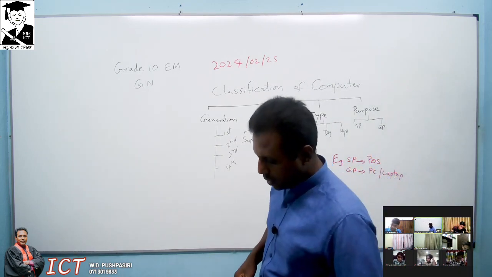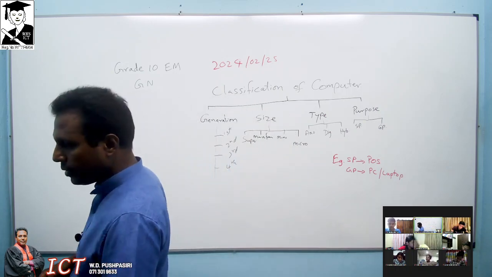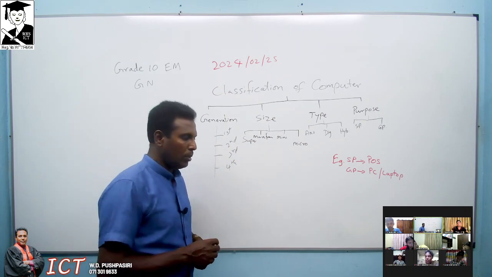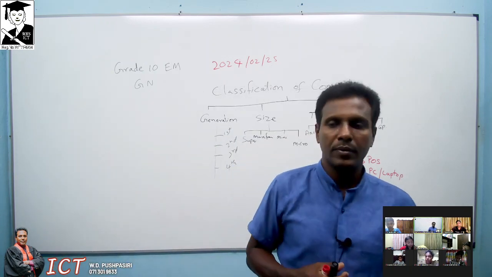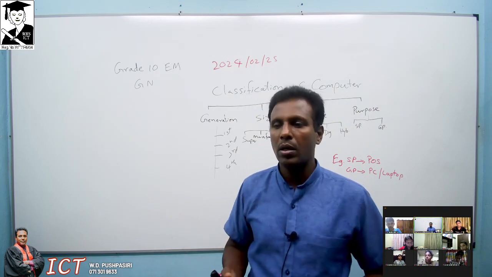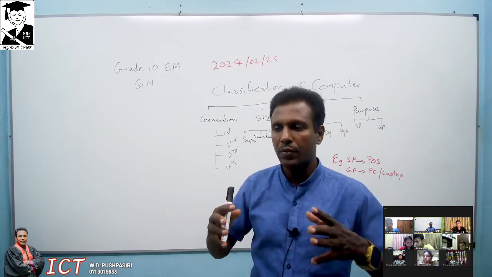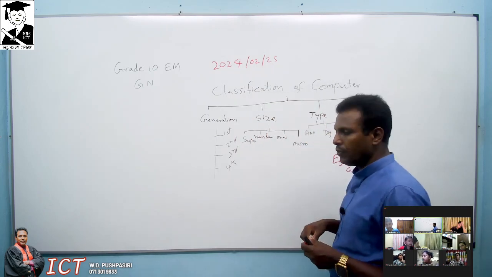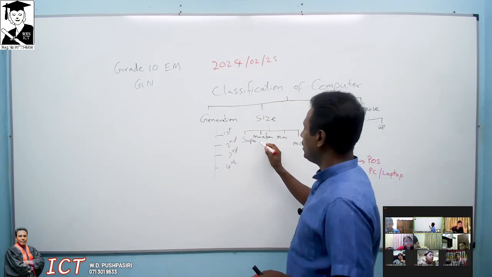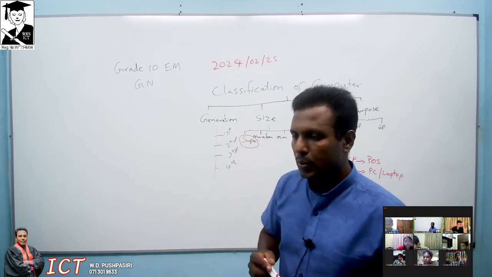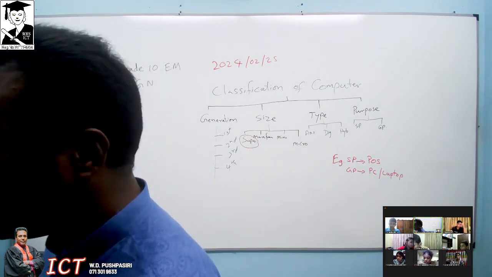We are talking according to the size of the computer. First of all, the first one is the supercomputer. So you can write down a subheading called supercomputer.